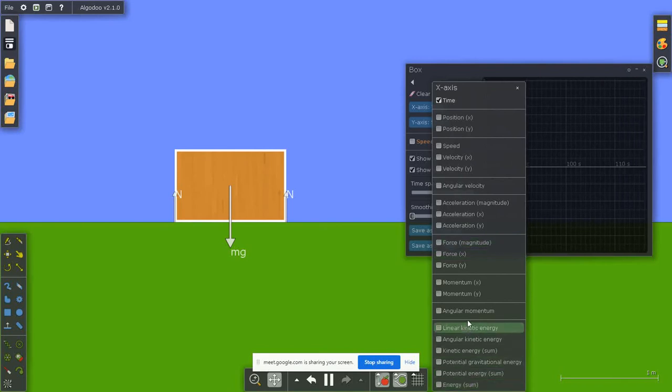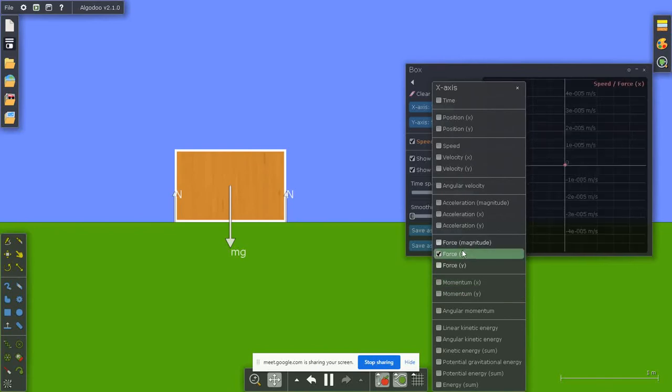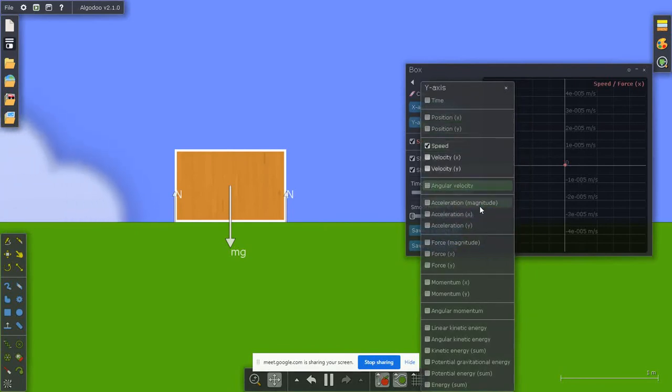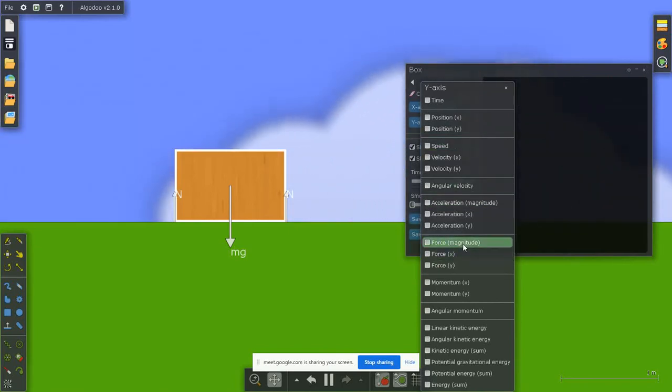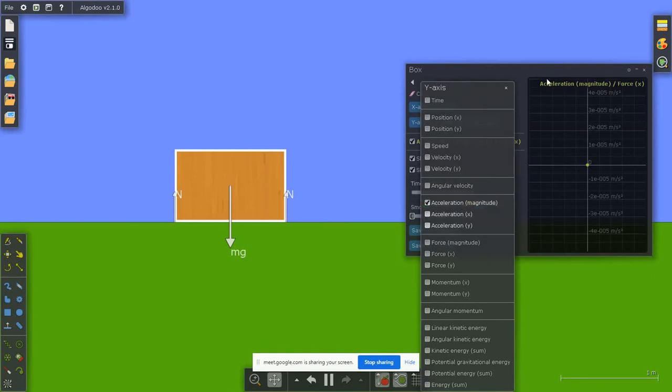I have the frictional force not been shown here. Applied force, no? Okay, we'll go for force on X and let us go for the acceleration on the y-axis. Okay, let's see what we get.